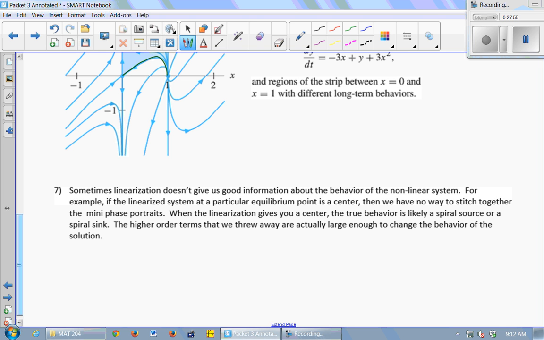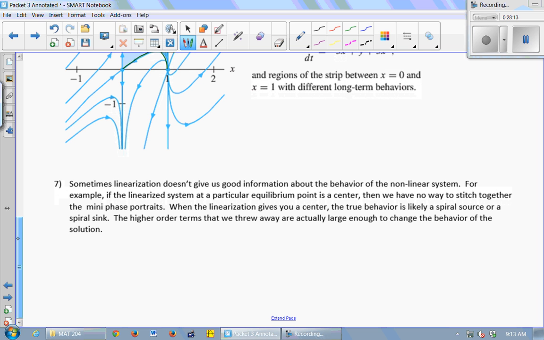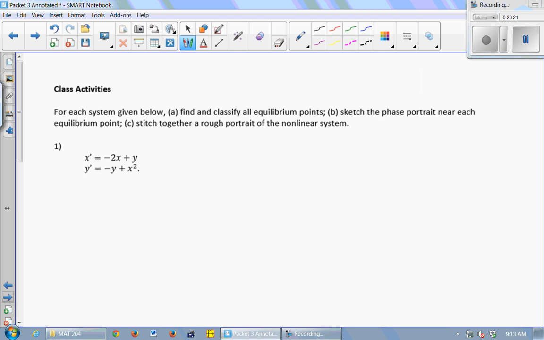Typically, when a linearization gives you a center, the true behavior is likely a spiral source or a spiral sink, and it's just that when you threw away the nonlinear terms, they actually made a difference in what happens near that equilibrium point. They were large enough to change the behavior of the solution. So this is a tool, but it's a pretty primitive tool, and it's the only tool we're going to learn for nonlinear systems. All right, you try some.